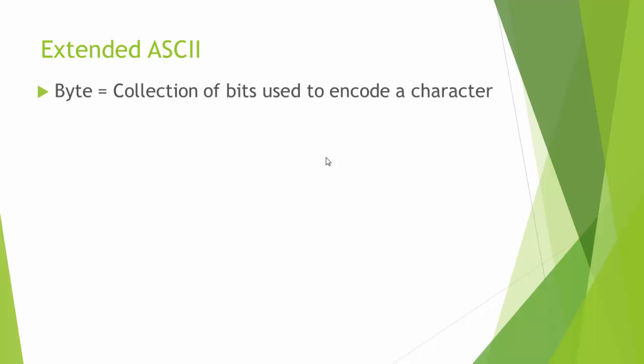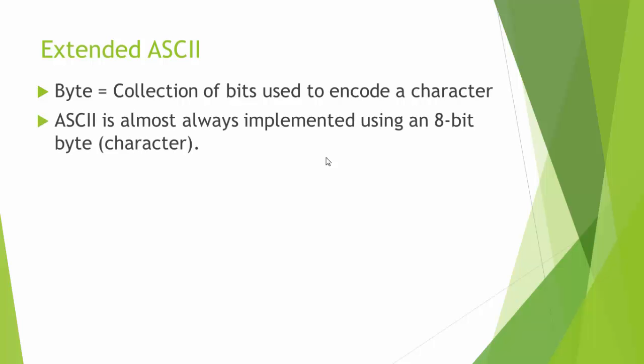Now, 7 bits might seem to make sense, but in fact, it became clear that a bit more was needed. So after ASCII was created, it was decided to use a complete byte to encode a character, or 8 bits.